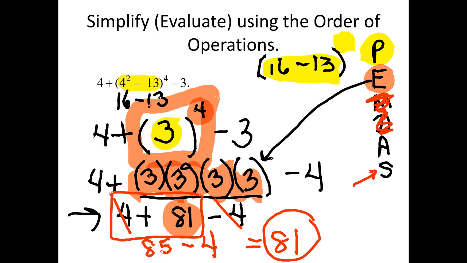Well, technically, you didn't follow the order of operations correctly. Now, you still got 81, which means you got the right answer, but the wrong way to do it. You want to get 4 plus 81 first, which is 85, then subtract 4.